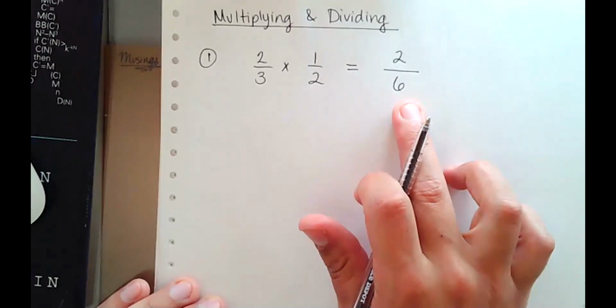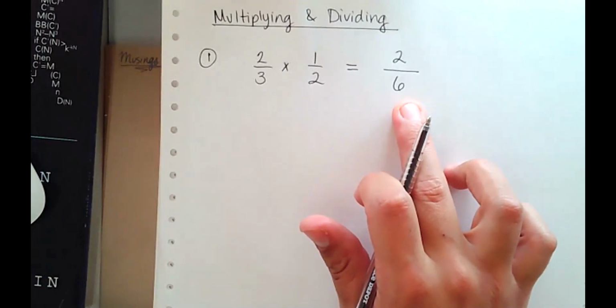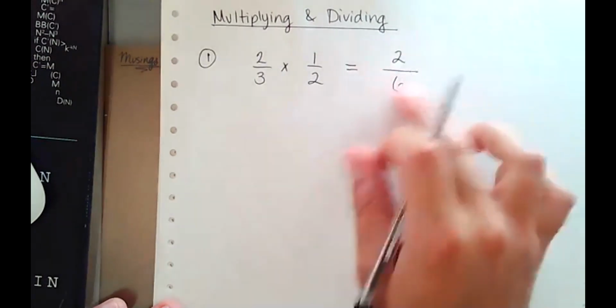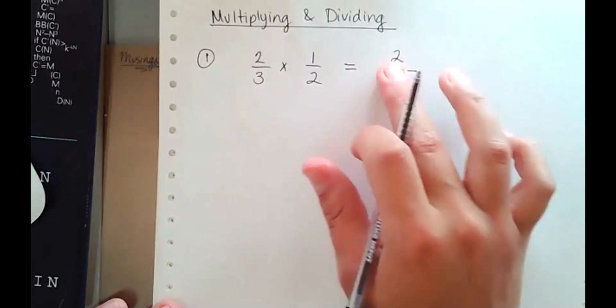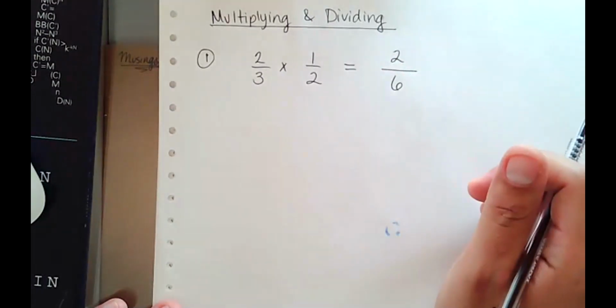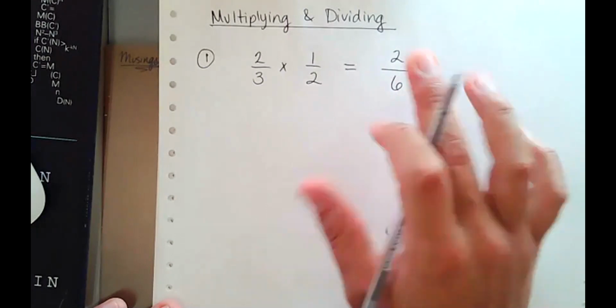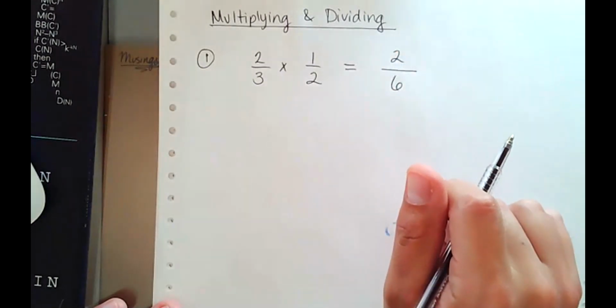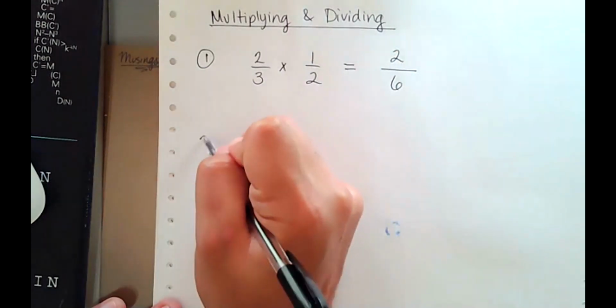Some of you might be thinking, don't we need to reduce or simplify the fraction? Yes, but I want to go in depth into what simplifying a fraction actually means a little later on. So this wouldn't be the final answer for a problem like this, but for now, we're just going to leave it alone.